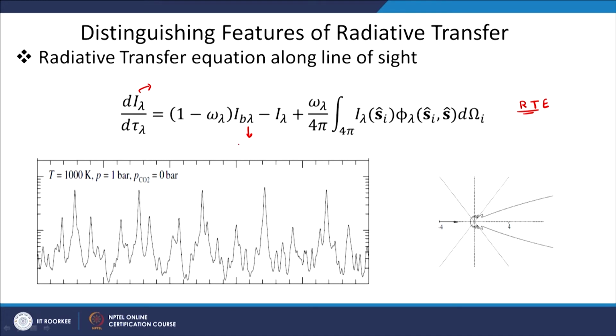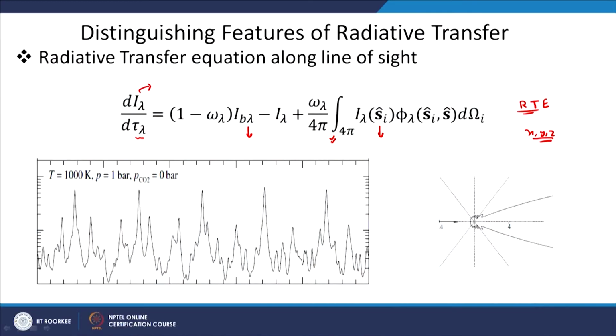Now, this radiative transfer is written in a given direction, so we have direction as a variable, and then tau lambda is a non-dimensional coordinate. We will have x, y and z spatial coordinates if we are solving this equation in 3D. In non-dimensional form it has been written as tau, where tau is the optical distance.